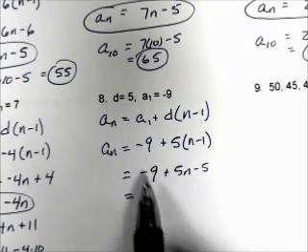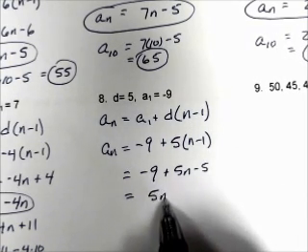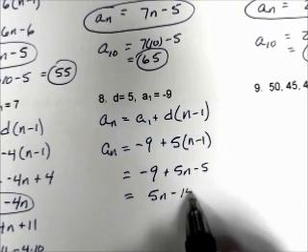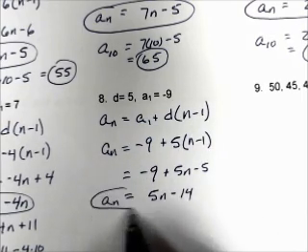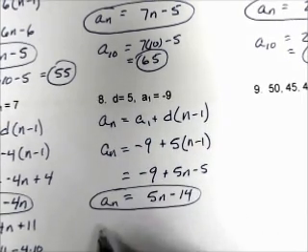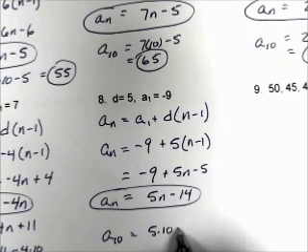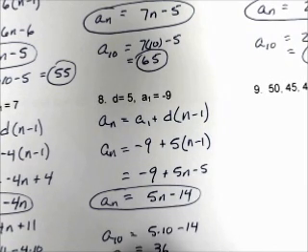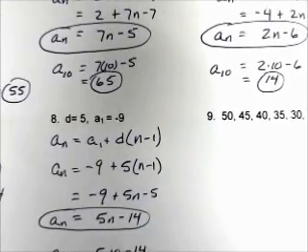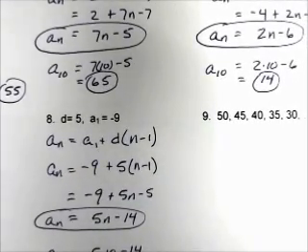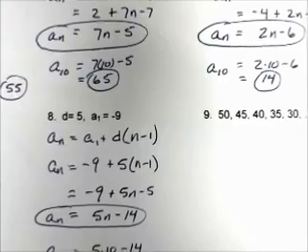Combining, we have 5n minus 14. And the 10th term will be 5 times 10, which is 50. Subtract the 14 is 36. We'll leave number 9 to do in class tomorrow.